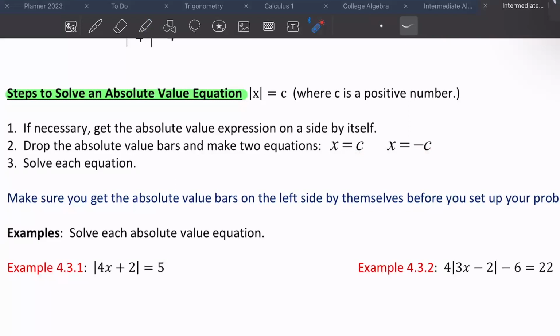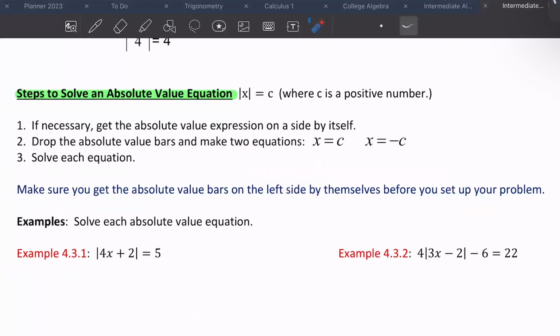So we have to account for the positive and the negative because it's distance. We can either go this way on the number line or this way on the number line, and that equals the same thing, right? If this is -4 and this is 4, when it comes to distance, it's just 4. So that's how we're going to do that.